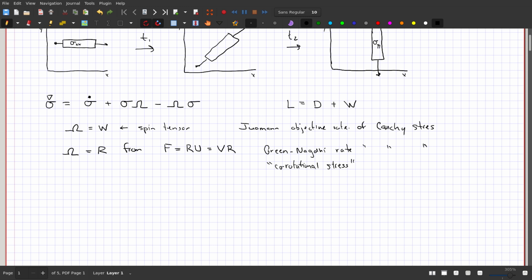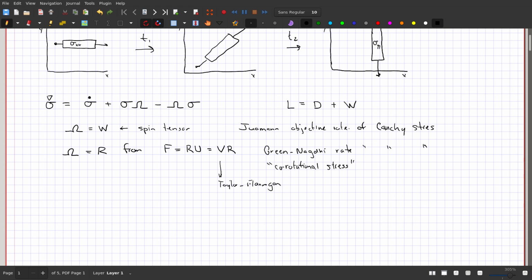Of course, it's just a 3x3, but you do have to solve an eigenvalue problem. There is an algorithm that we call the Taylor-Flanagan. So all these are just named after the people who wrote the papers, right? Taylor-Flanagan were some fellows at Sandia where I used to work.